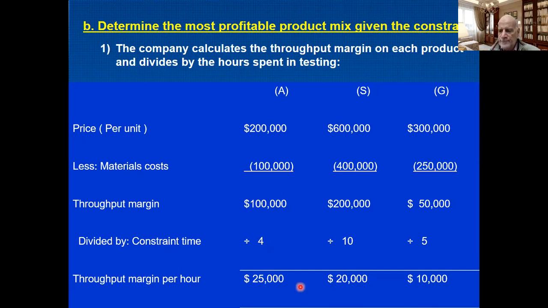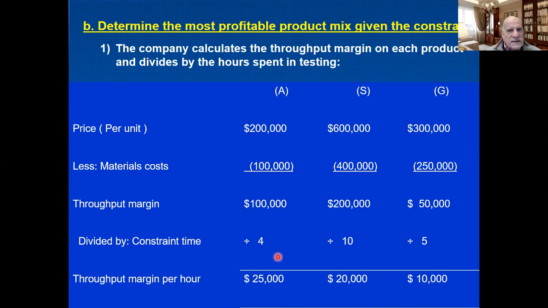But there is another factor to be taken into consideration: the market. We cannot direct all our limited resource, which is testing hours, to producing product A without looking at the market, regardless of the need of the market.